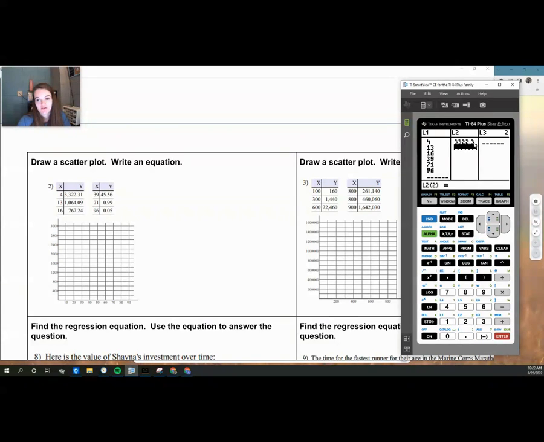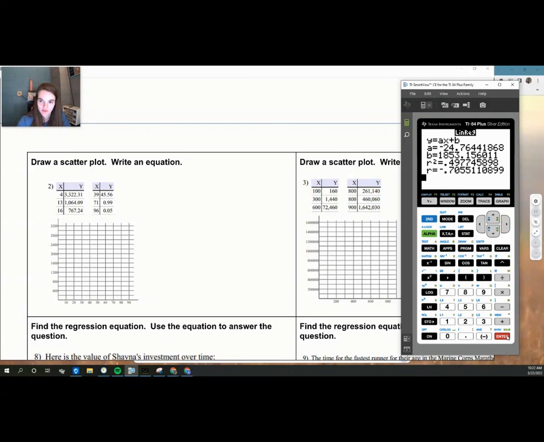Do not worry if it cuts the numbers off. They are still there. It just doesn't have enough room to display them all. Okay. 1,064.09. Enter. 767.24. Enter. 45.56. Enter. 0.99. Enter. 0.05. Enter.